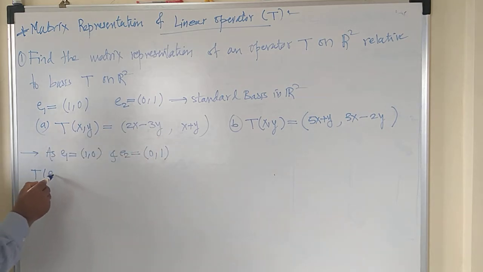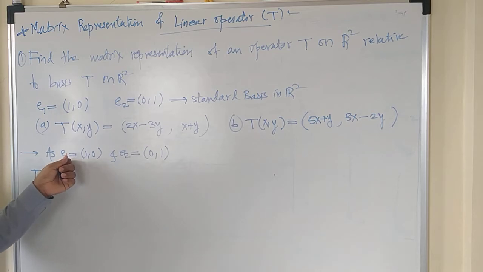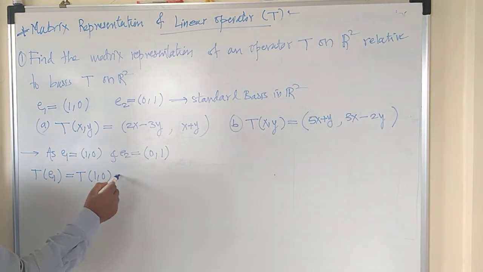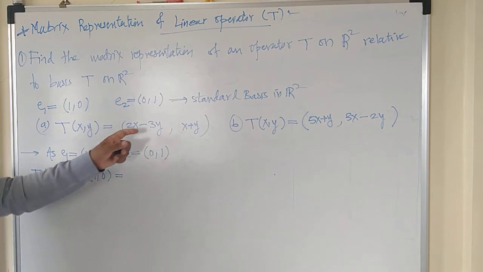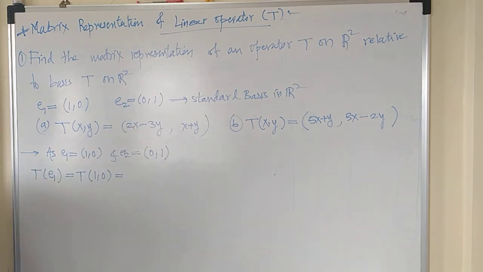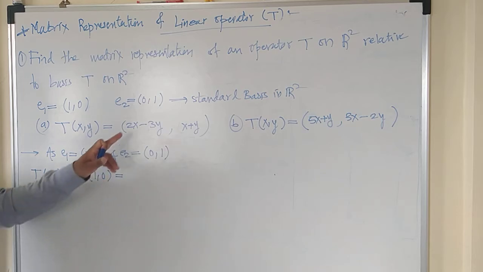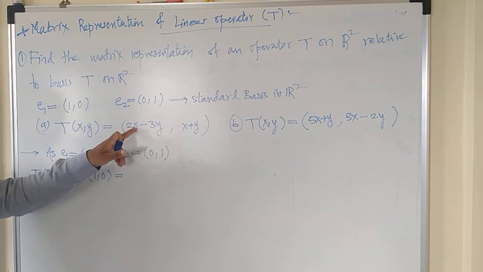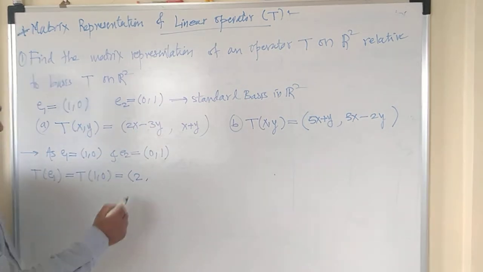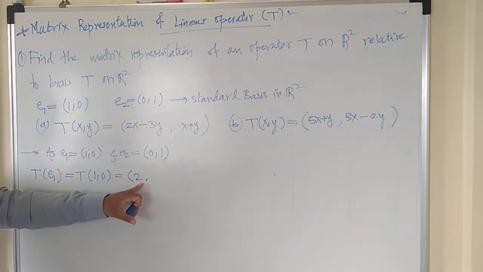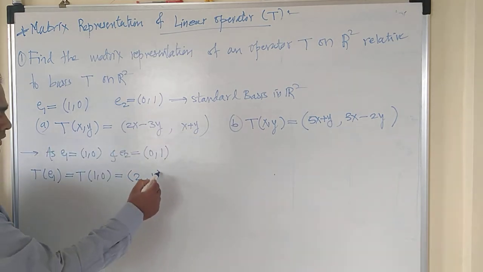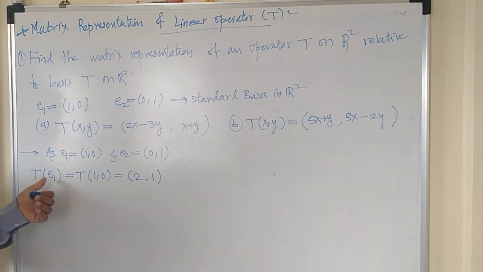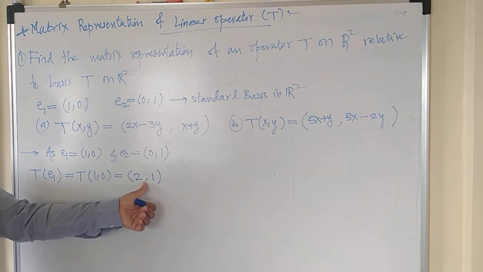Now T(E1) is T(1, 0). Put x equals 1 and y equals 0: the first element gives 2, and the second element gives 1. So the linear operator T operated on the basis vector E1 gives these values.